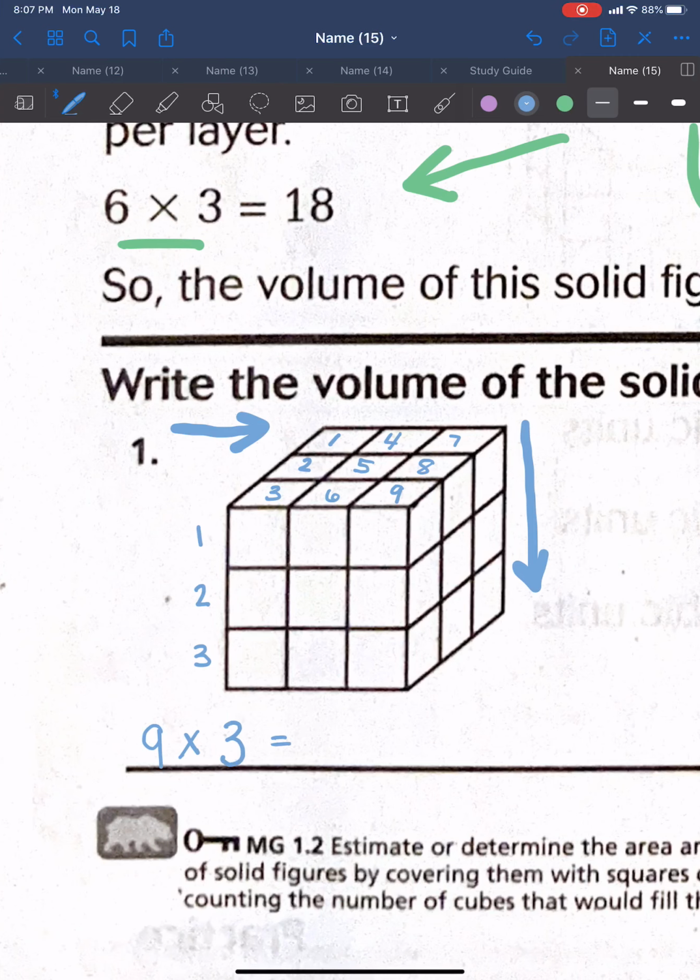What is 9 times 3? Great job. 27. And then we don't forget to label, because it's 27 what? 27 inches, 27 meters, 27 kilometers, 27 liters. It's 27 cubic units.